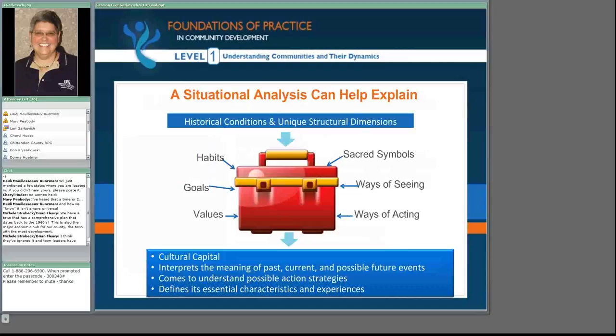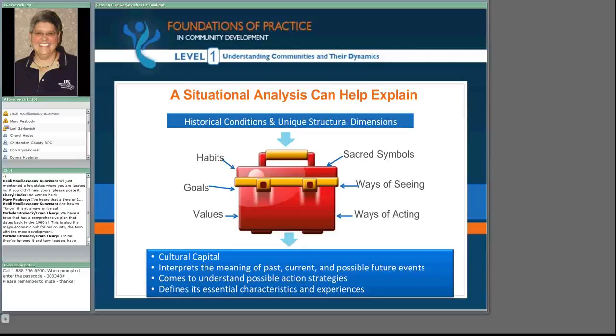Has anyone prior to me talked about the concepts of cultural and social capital in any of these presentations? We've talked about the community capitals framework very generally. We touched on it a little bit, but we haven't gone into a lot of detail, I don't think.